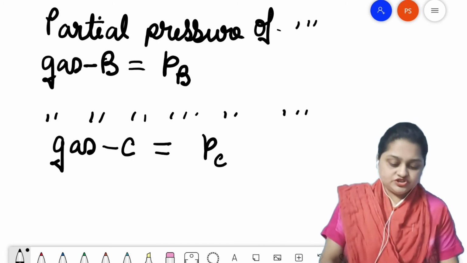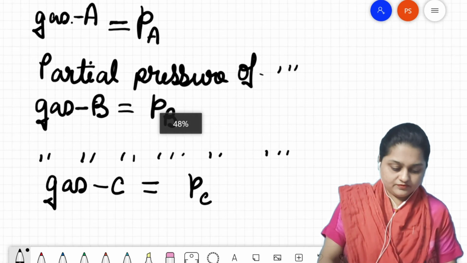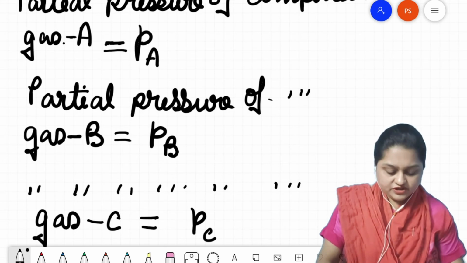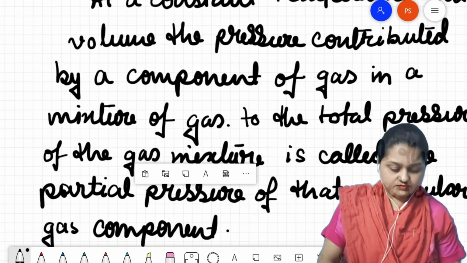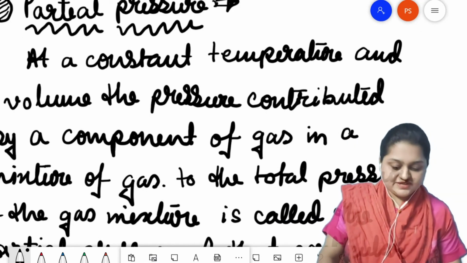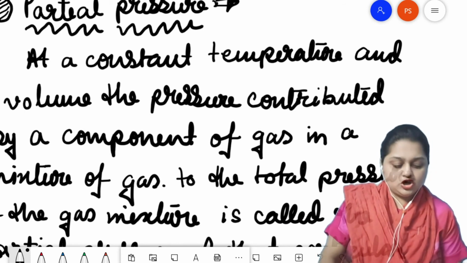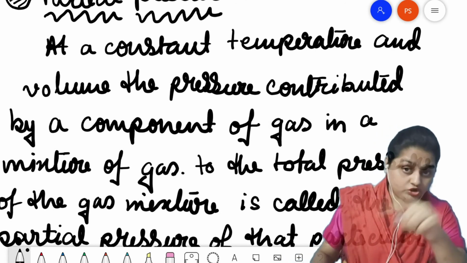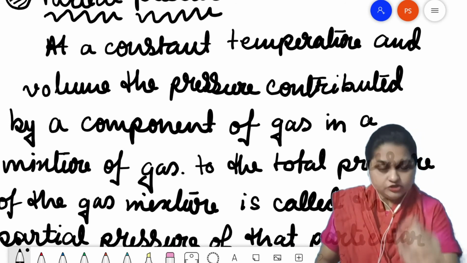So by definition, we can say that at constant temperature and volume, the pressure contributed by a component of gas in a mixture of gas to the total pressure of the gas is the partial pressure of that particular component gas.